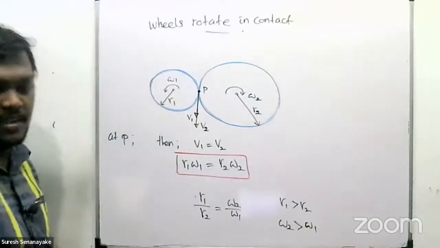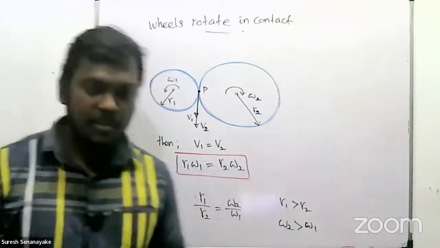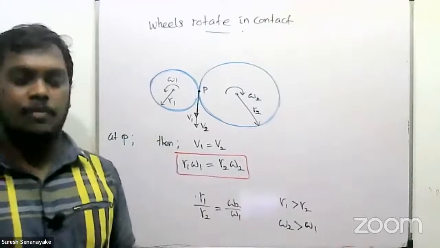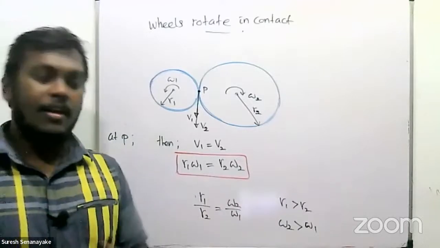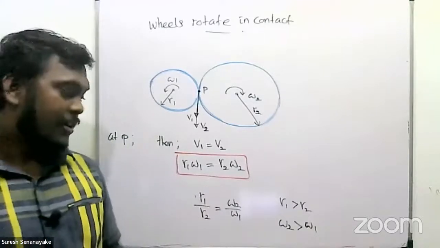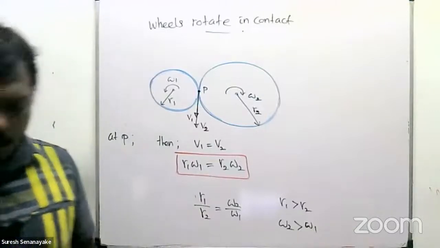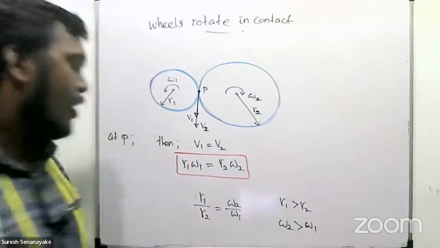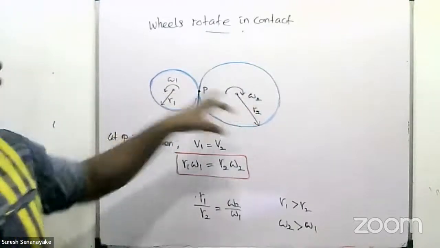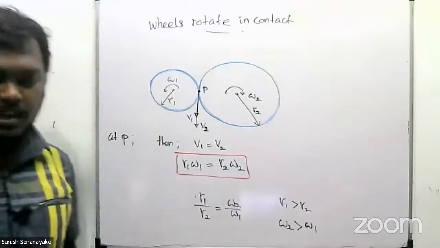That means when the larger wheel makes one rotation, the small wheel makes more rotations. So you can speed up or increase the angular velocity, this rotational speed, by putting the larger wheel and smaller wheel in contact.